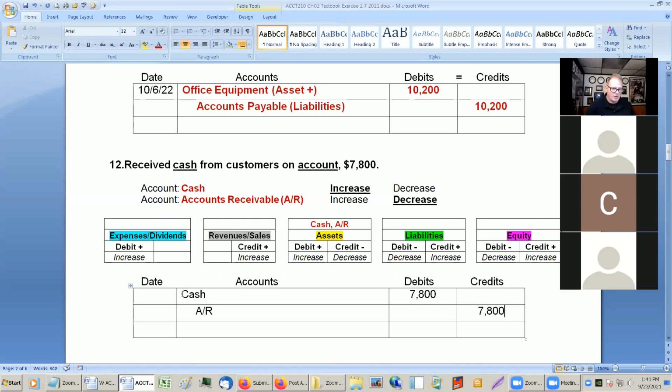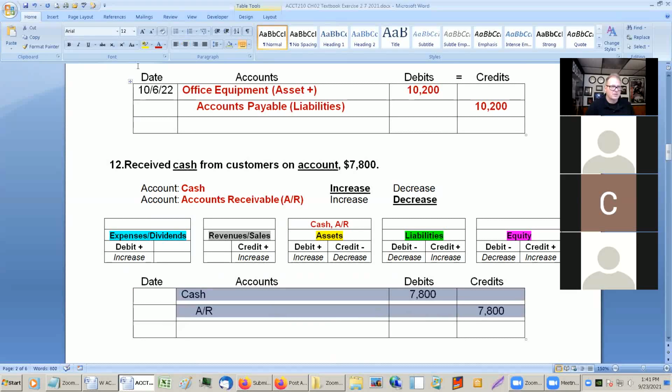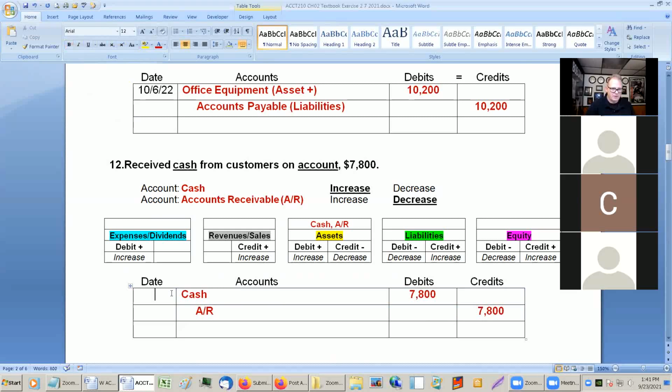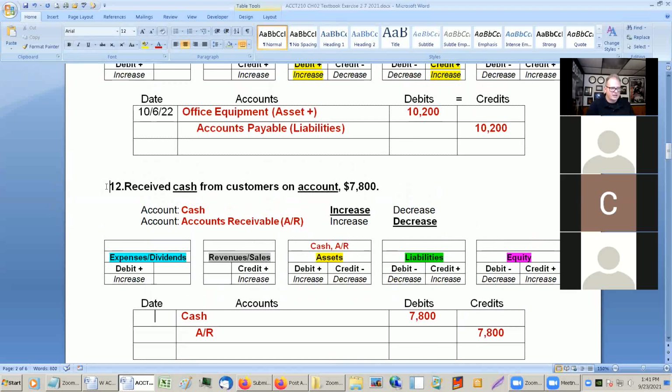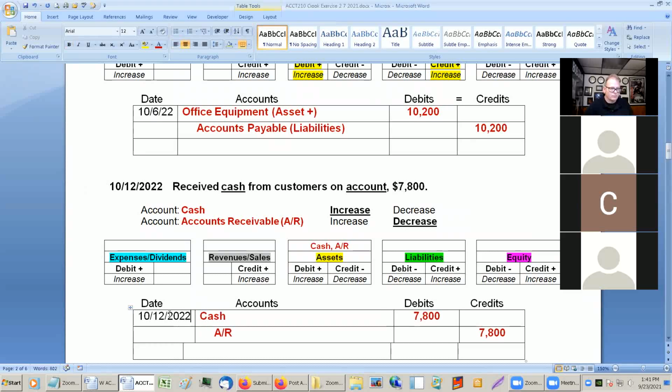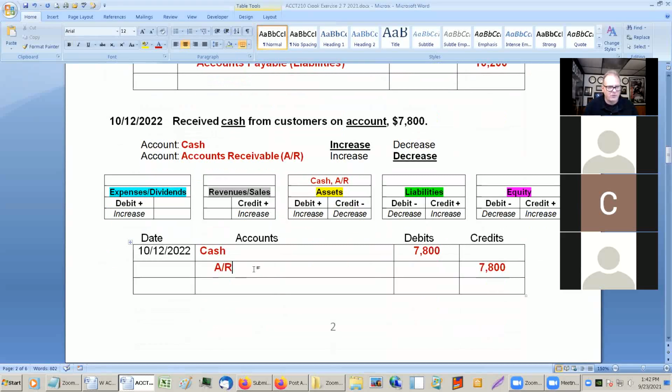And you'll also often hear people talk about it as just AR, AP. Oh, this is actually 10/12/2022. Yeah, feel free to use that AR. So that's accounts receivable.